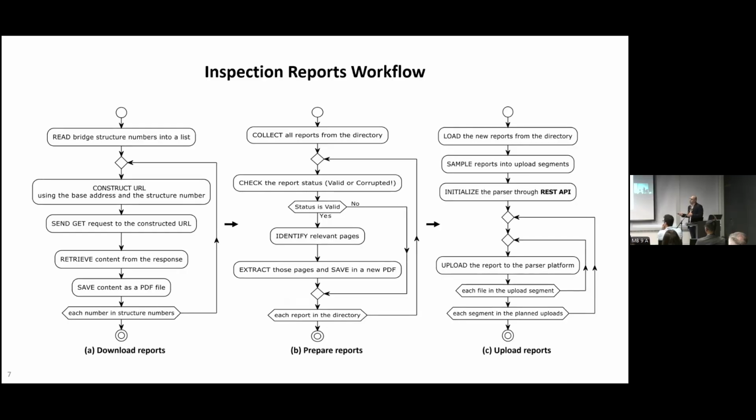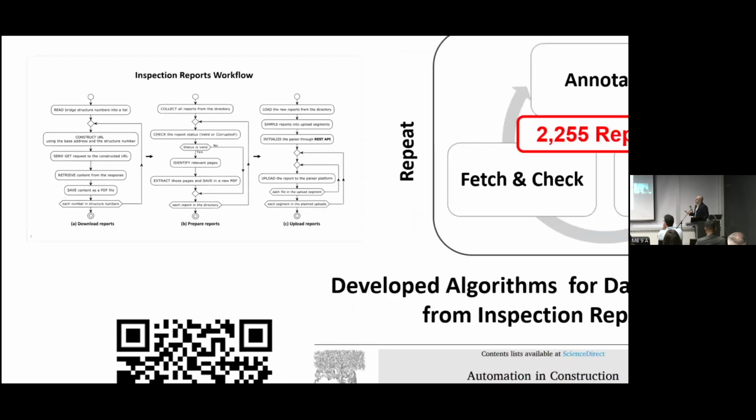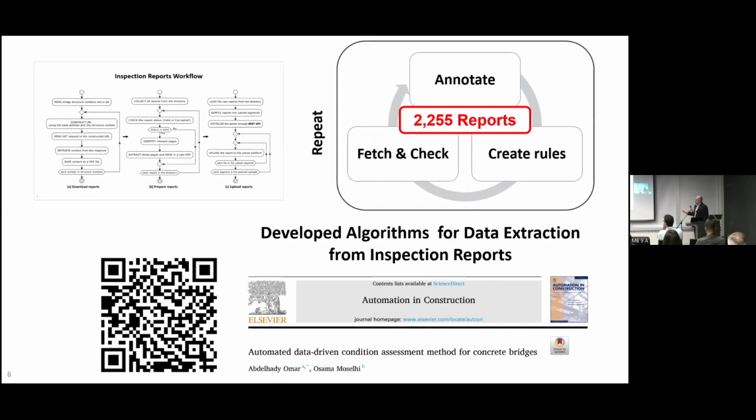We also developed an algorithm to prepare these reports, for example, excluding unnecessary pages to reduce the complexity of the process, excluding images if we are not going to process them, and then dispatching these reports into the algorithm that will perform the data extraction. For more information about these different algorithms, they are already published, so you can reach them through the Automation in Construction journal.